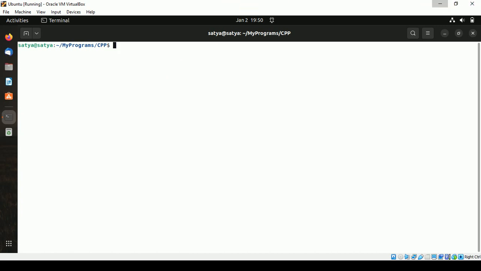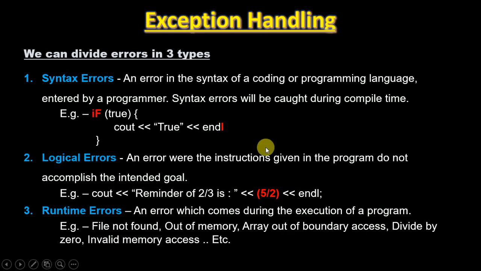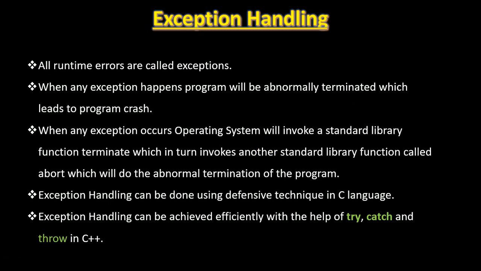So now just have a quick idea on the information: all runtime errors are called exceptions, and whenever any exception happens, the program will be abnormally terminated, which leads to a program crash. Okay, so when any exception occurs, the operating system will invoke a standard library function which is known as terminate.